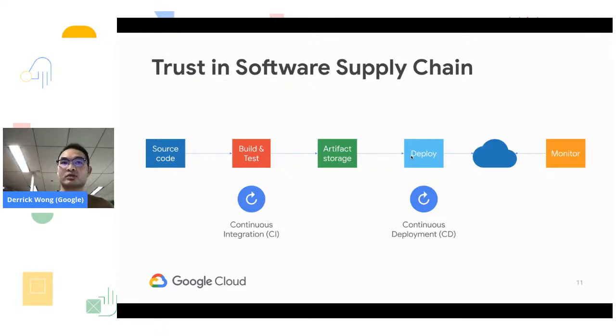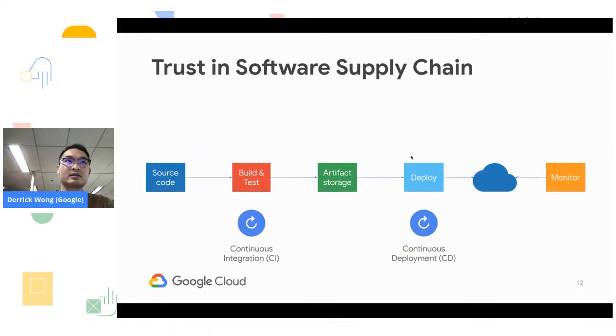The CI pipeline will build and test your source code, create an artifact, store it in the artifact repository, and then deploy using a continuous deployment tool to the staging environment, and then to the production environment. And then you have your monitoring tools to keep track of the status of your applications and the system.